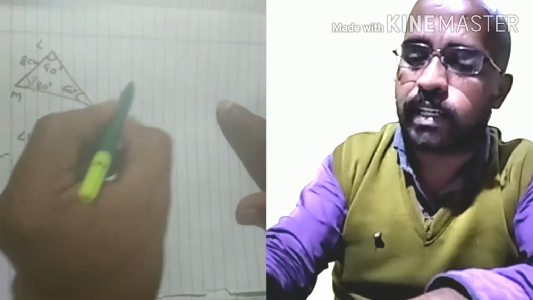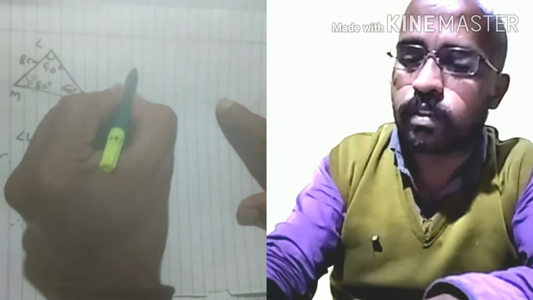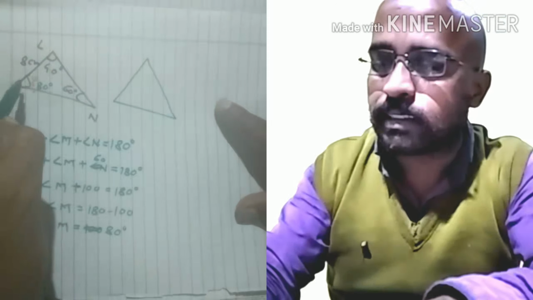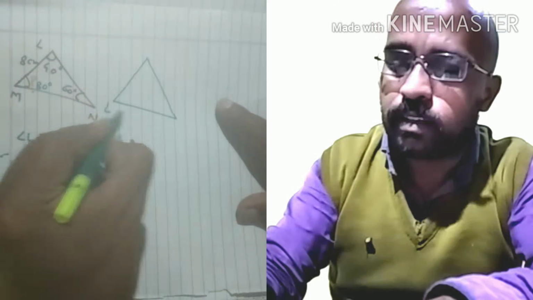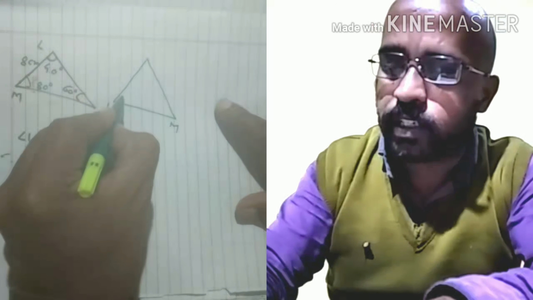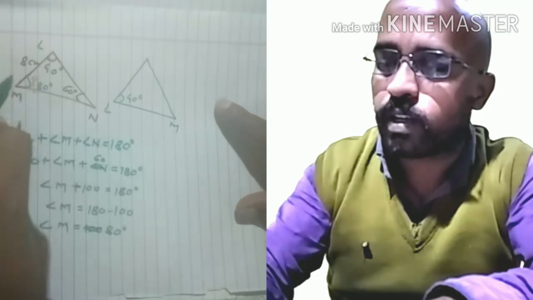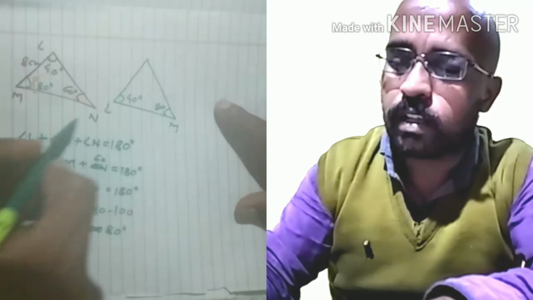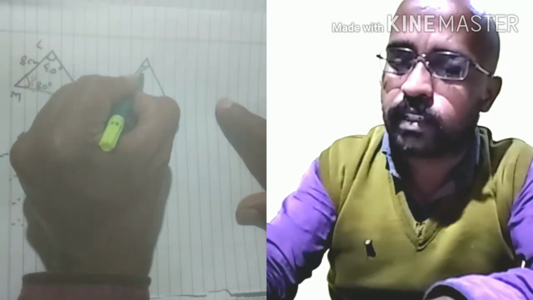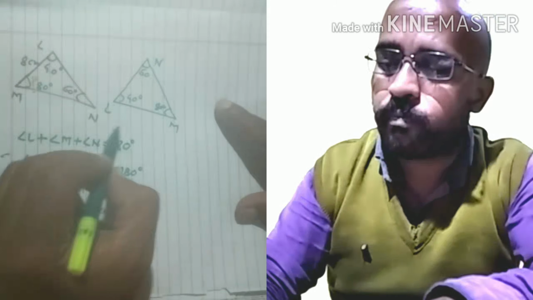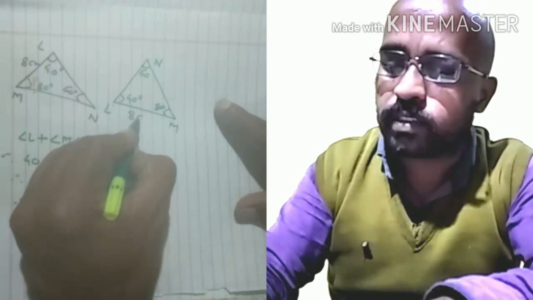Means we can draw it as, suppose this is L, this is M, where angle L is equal to 40 degree, angle M is equal to 80 degree, angle N is equal to 60 degree, and length LM is equal to 8 centimeter.